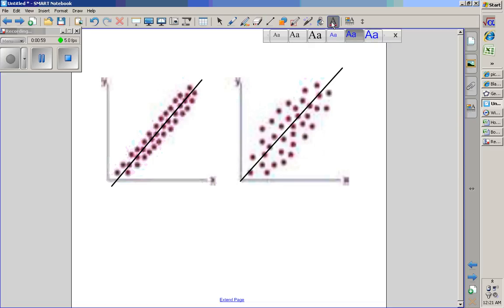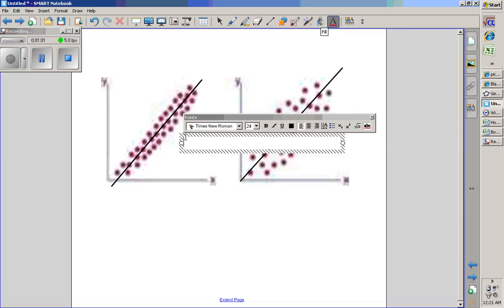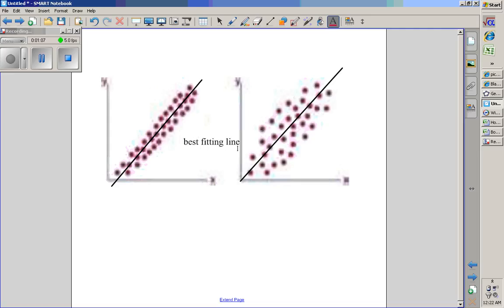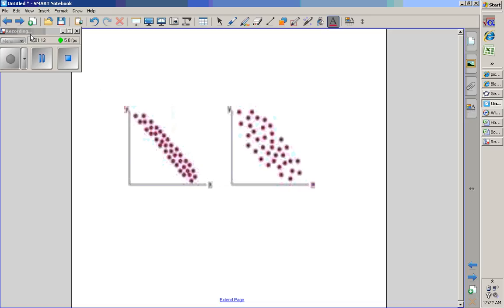This line would be called a best fitting line. And I can repeat this process for any graph that has a bunch of data points. So in this graph, I could draw a best fitting line down, same way with this one, and this one has a best fit line, all right?